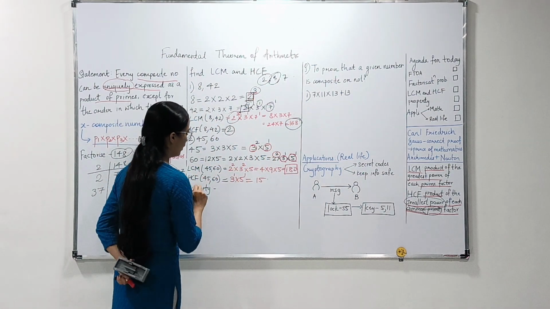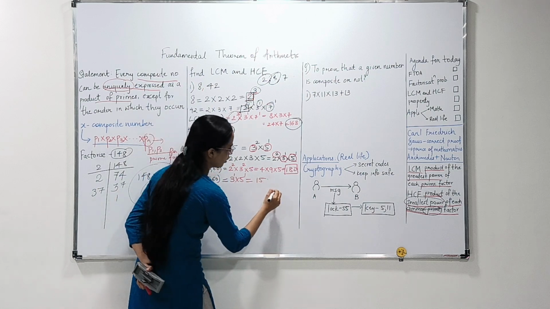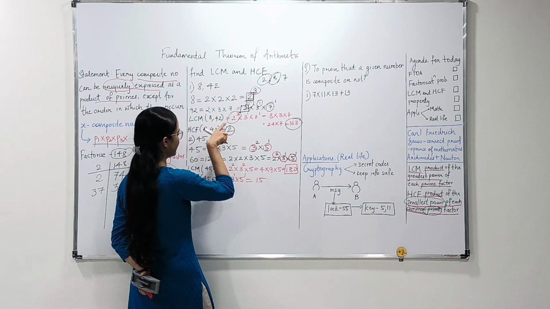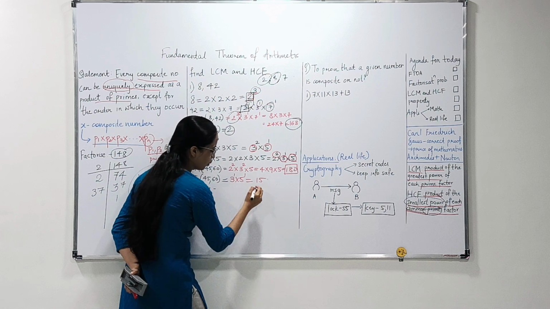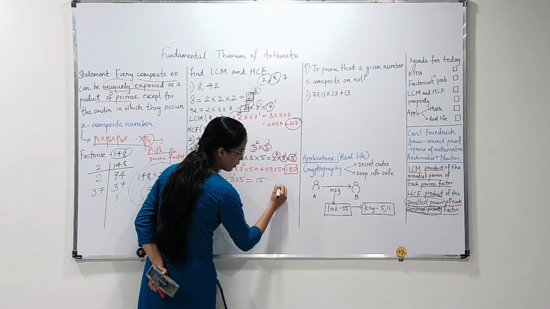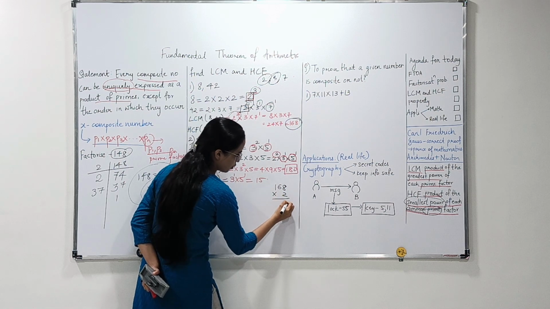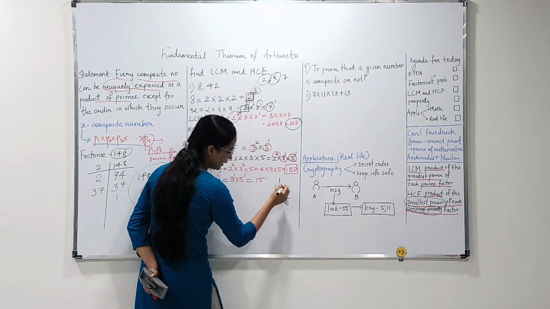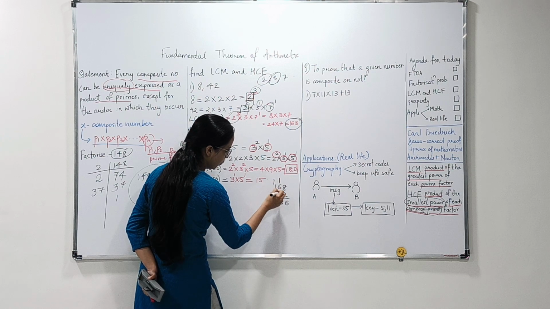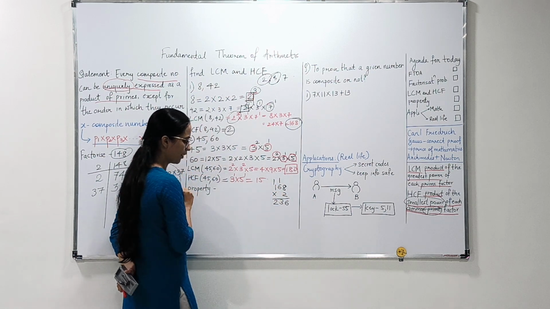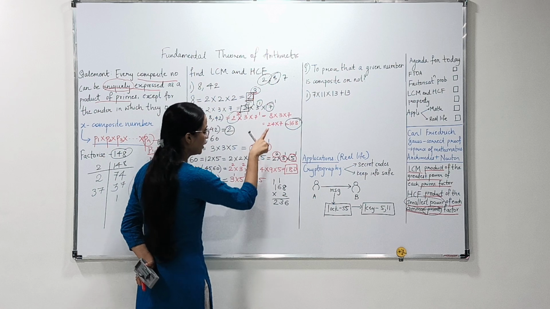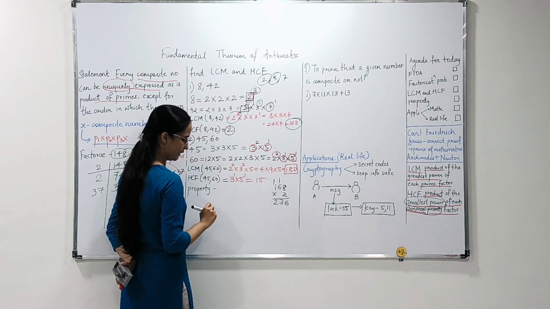So, let us calculate the product of LCM and HCF of 8 and 42. So, we all know that 168 into 2. So the answer is 336. So this is the product of LCM and HCF.